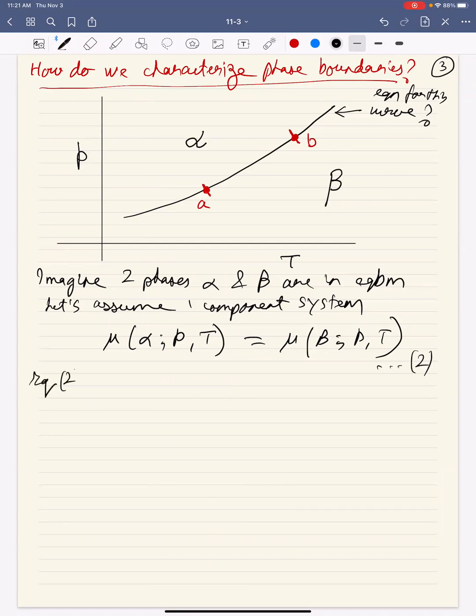Equation 2 must be true at points A and B. Again, this does not mean that the chemical potential is same all along this line. The value of the chemical potential is changing, but it is changing by the same amount for phase alpha and phase beta.